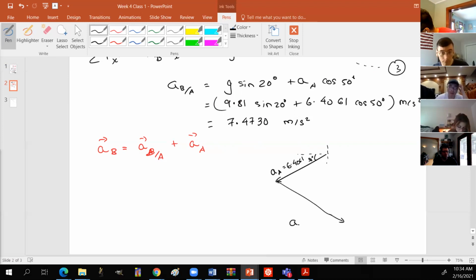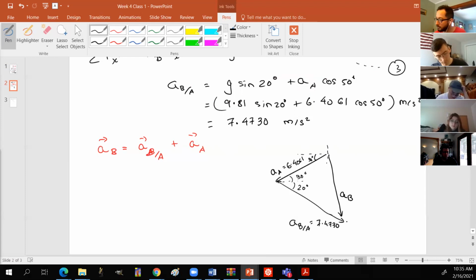So this is the acceleration of B relative to A, and that's equal to 7.4730 meters per second squared, right? And then we know this angle is 30 degrees, this angle is 20 degrees, right? And then you get this acceleration that we've been waiting for, which is the acceleration of B, right? So acceleration of B is equal to acceleration of A plus the acceleration of B relative to A, like that, right? And let's say that this angle is some unknown angle alpha, right?